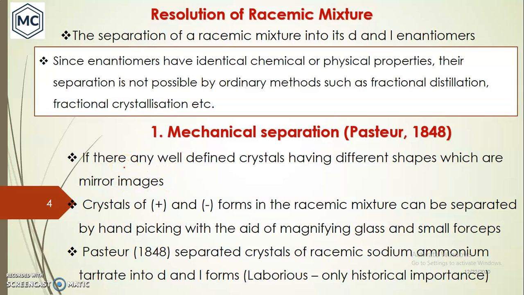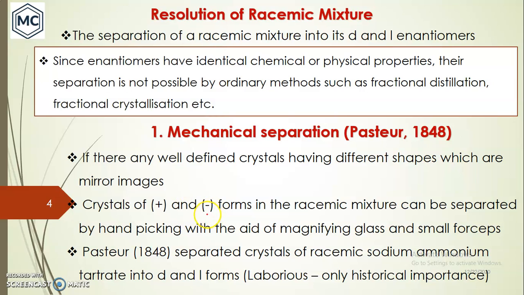You have a mixture of D and L forms and you want to separate D and L. If there are well-defined crystals having different shapes, which are mirror images, what you can do is carefully separate the crystals of the plus and minus forms, that is D and L forms, in the racemic mixture by hand picking.